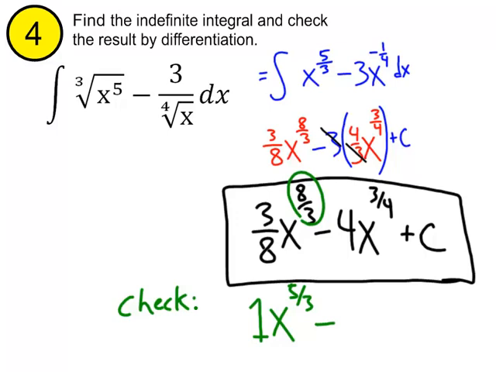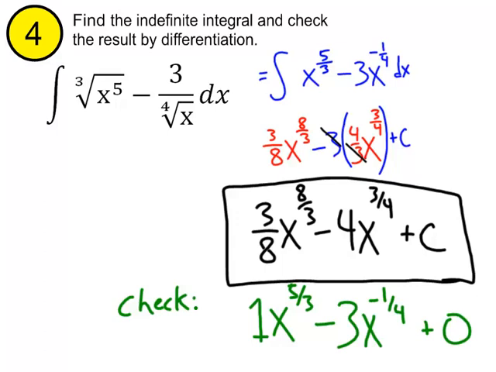And then over here, 3/4 times 4 will give me 3. And then x to the 3/4, if I subtract 1 from that 3/4, I get negative 1/4. If I derive the c, I get 0.